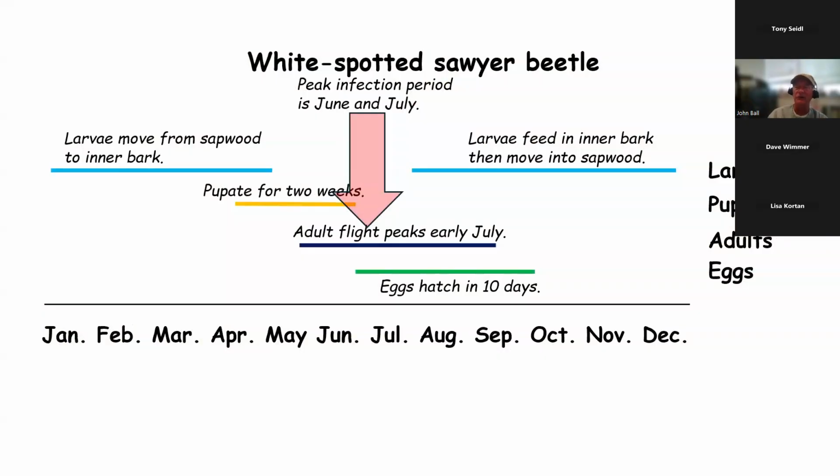Now, here's the Sawyer beetle's life cycle. The flight can begin in May, but it's really June that it kicks off. And by June, I'm talking about central South Dakota, mid part of South Dakota. So it'd be a little later in North Dakota, a little earlier in southern.